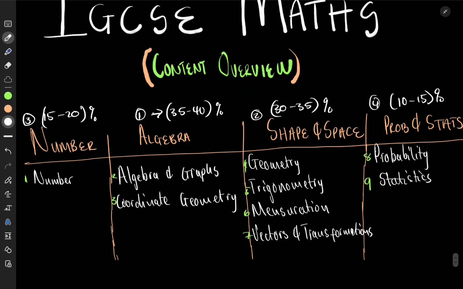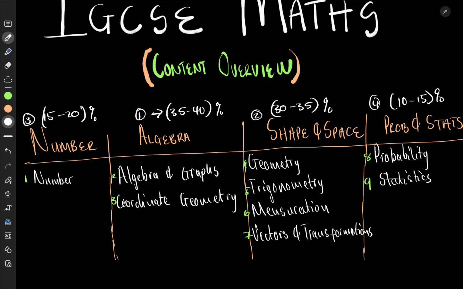Now you say to me, what are the things that come in topic 1, number? When you look at the topic number, the things that you may get in there are quite a lot. First of all, let me say this before I start talking to you about it.